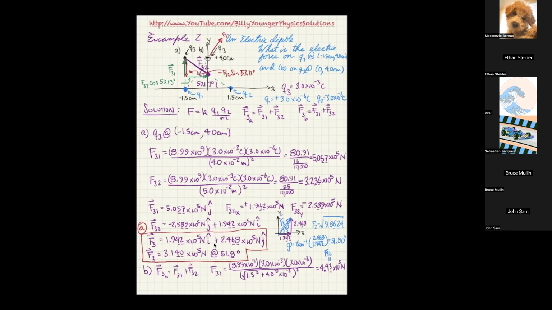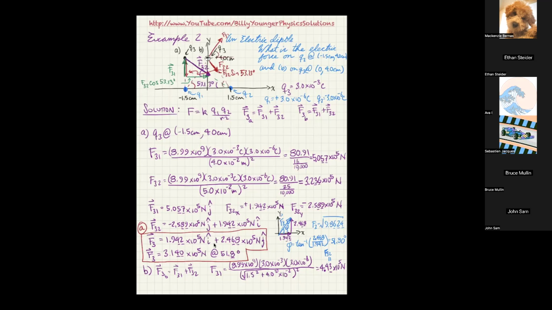But F32, since the Q2 is negative and the Q3 is positive, they're actually attractive. So in this case, the force is actually acting this way. So that's F32. I think you can see from the symmetry of it that they're both tilted at the same angle, which from the horizontal would be this angle.